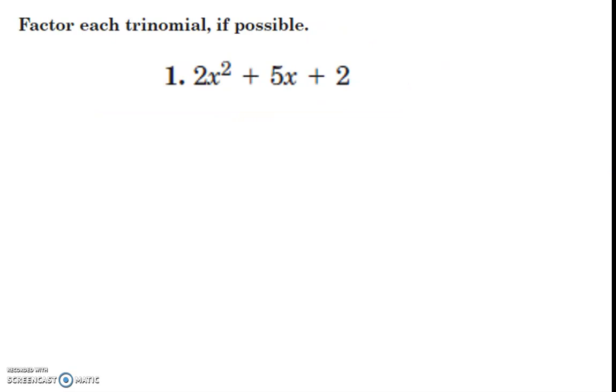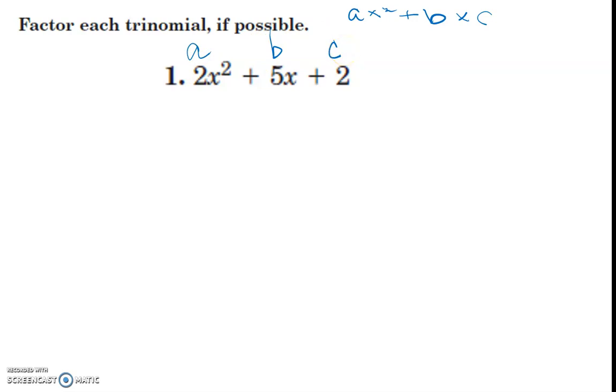So we need to start with a trick. What you need to understand is that this is the A, the B, and the C. The standard form of a quadratic is ax squared plus bx plus c, where a, b, and c are numerical values. And so it's understanding what the a and the b and the c will give us.